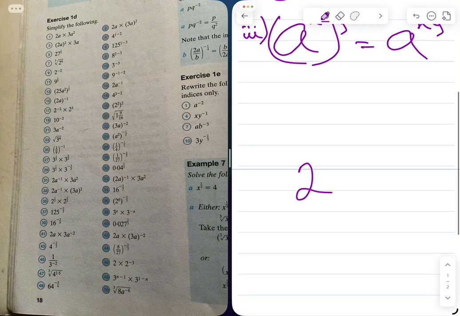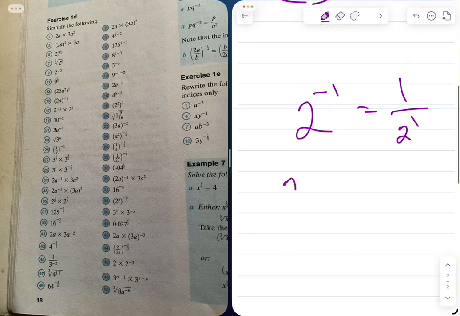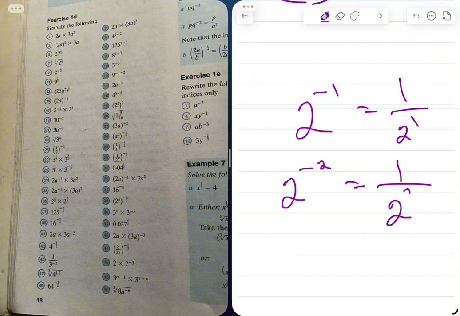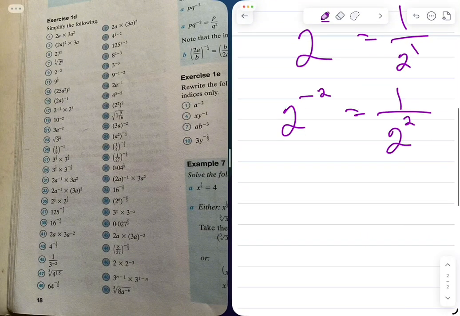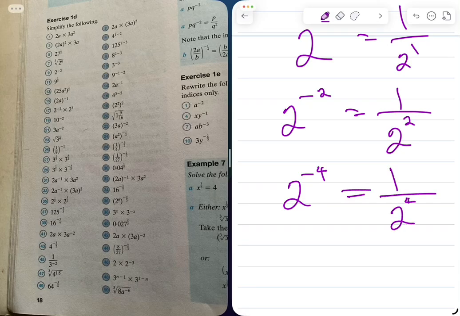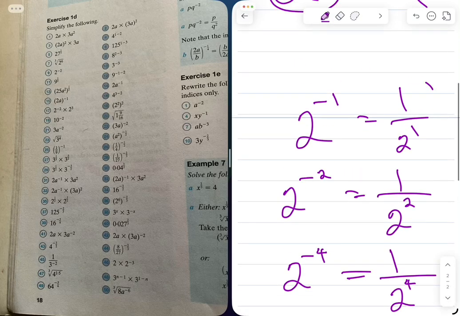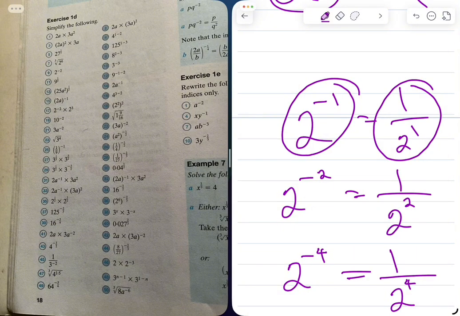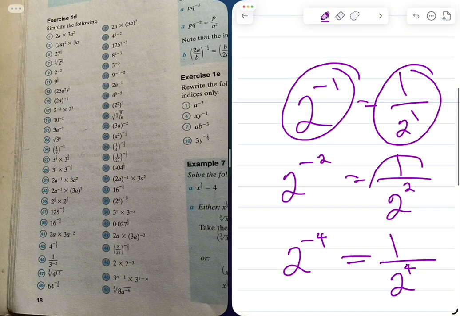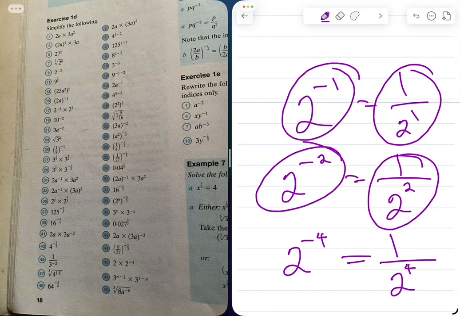If I say 2 raised to power minus 1, that's the same as saying 1 over 2 raised to power 1. If I say 2 raised to power minus 2, that's the same as 1 over 2 raised to power 2. If I say 2 raised to power minus 4, that's the same as 1 over 2 raised to power 4. You can also say 1 over 2 is the same as 2 raised to power minus 1. 1 over 2 raised to power 2 is the same as 2 raised to power minus 2.